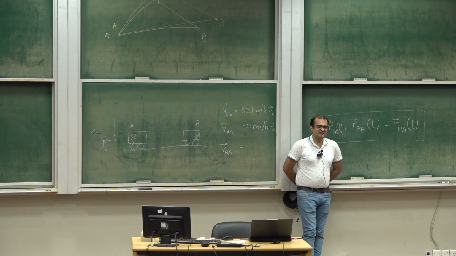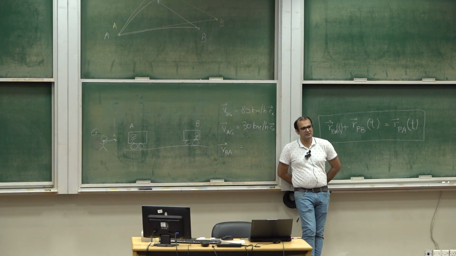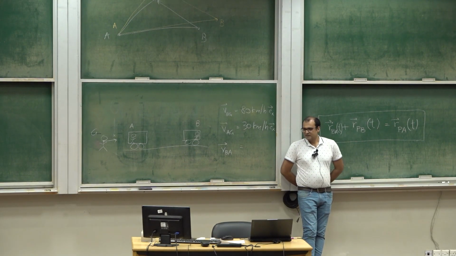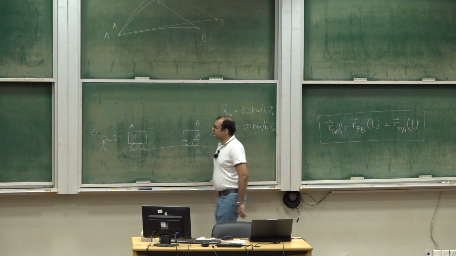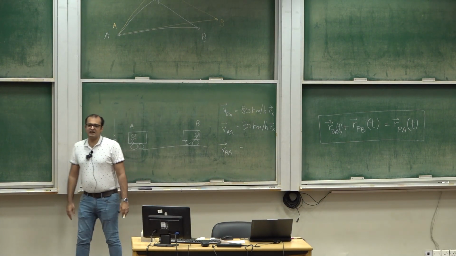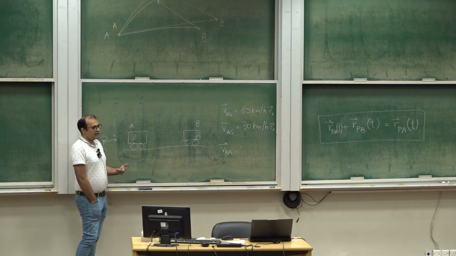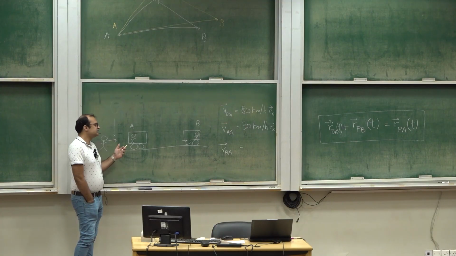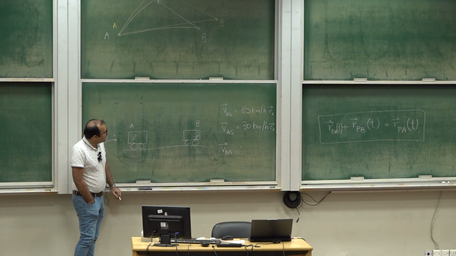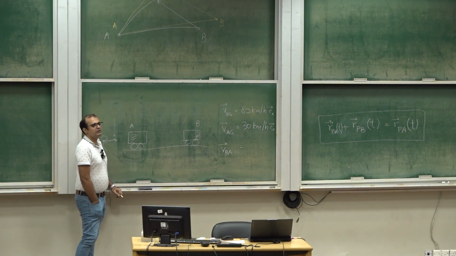Yeah, thank you. 80 minus 30, I also know it is 50, but so is 40 plus 10. According to the ground observer, he will say, well, in time t, if A and B started from the origin, B traveled a distance of 80t.